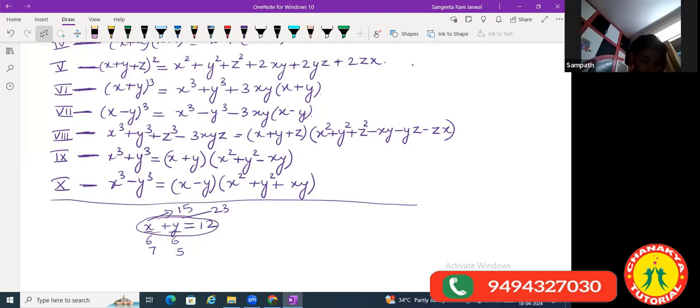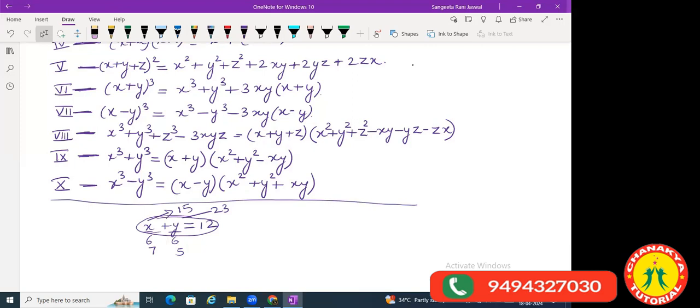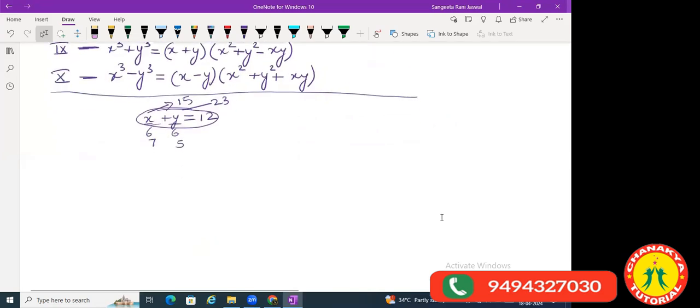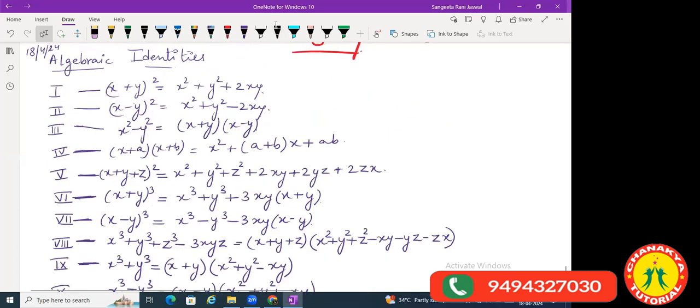No doubt, ma'am. Great. Pranav, have you understood this? Any doubts so far? No, ma'am. Great. So we'll move on to the exercise part. We'll do some questions and then you will understand the things better.